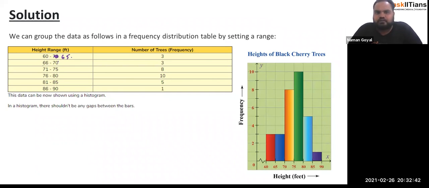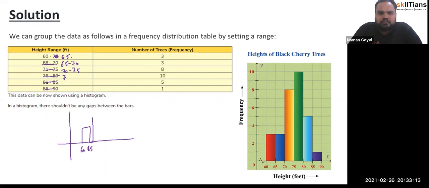But the point is, if we take 60 to 65 first and then 66 to 70, then we have to leave a space. So for this one I change all of them, okay. So it becomes 65 to 70, 70 to 75, 75 to 80, 80 to 85, and 85 to 90, okay.